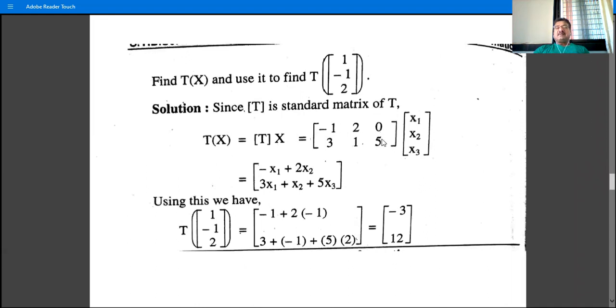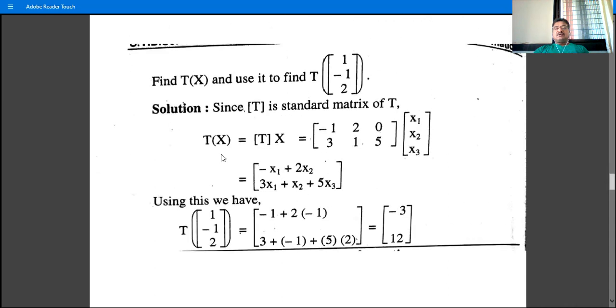So from the standard matrix, we can write the formula for the linear transformation by using the formula T(x) is equal to Ax, where A is the standard matrix for T. Multiplying, we have -x1 + 2x2 as the first row, and the second row is 3x1 + x2 + 5x3.